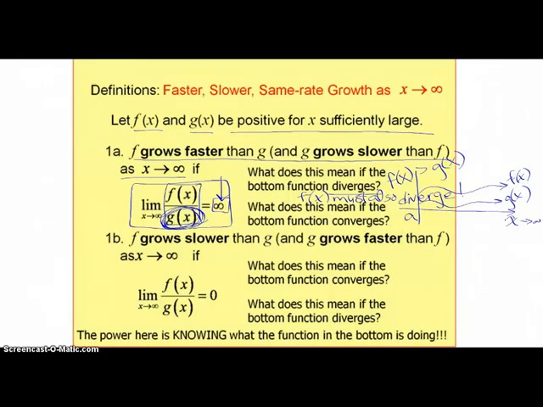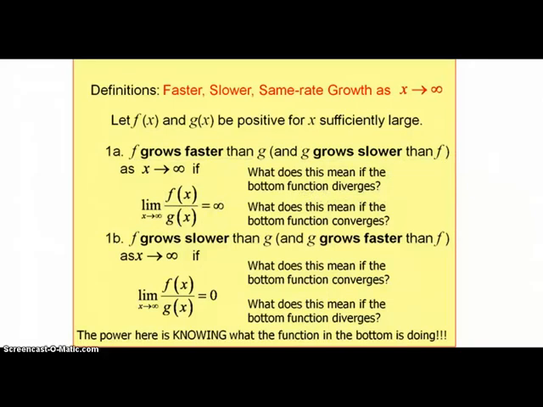So what does it mean if the bottom function converges? If we run this limit and we get this result, this tells us everywhere that's important to us, that f of x is bigger than g of x.